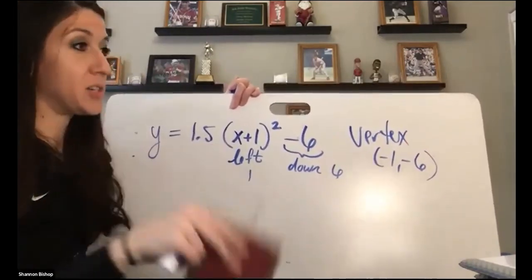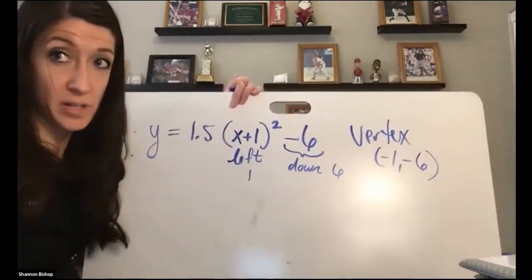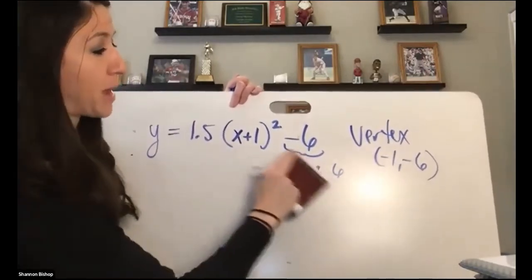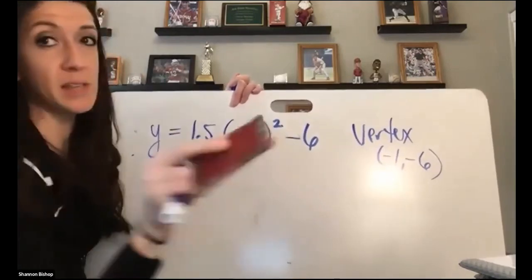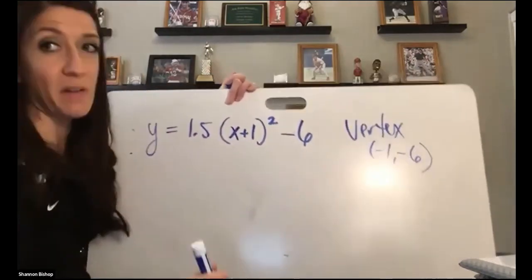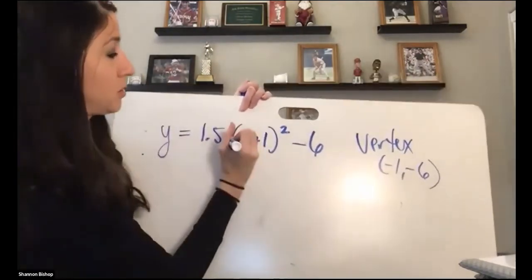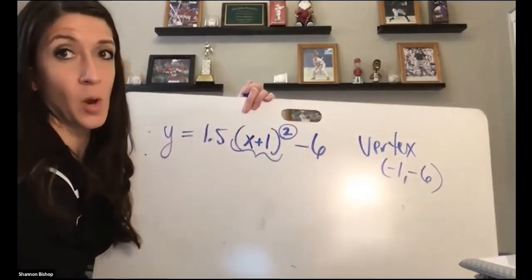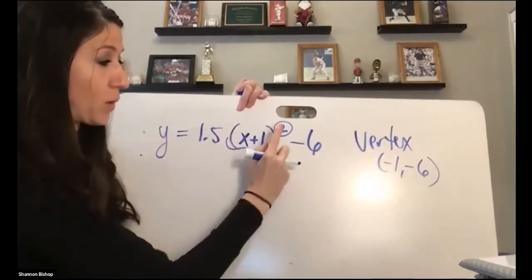But what if you wanted to, once again, distribute it out and be in standard form? So on this one, the main thing you need to know is that when you distribute this, you have to do the parenthesis squared first. Order of operations, parentheses squared.